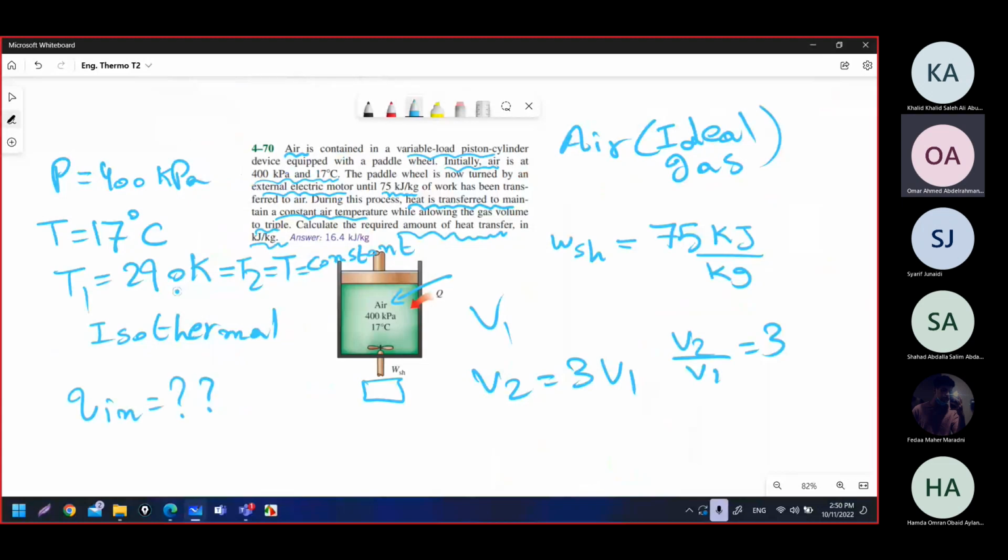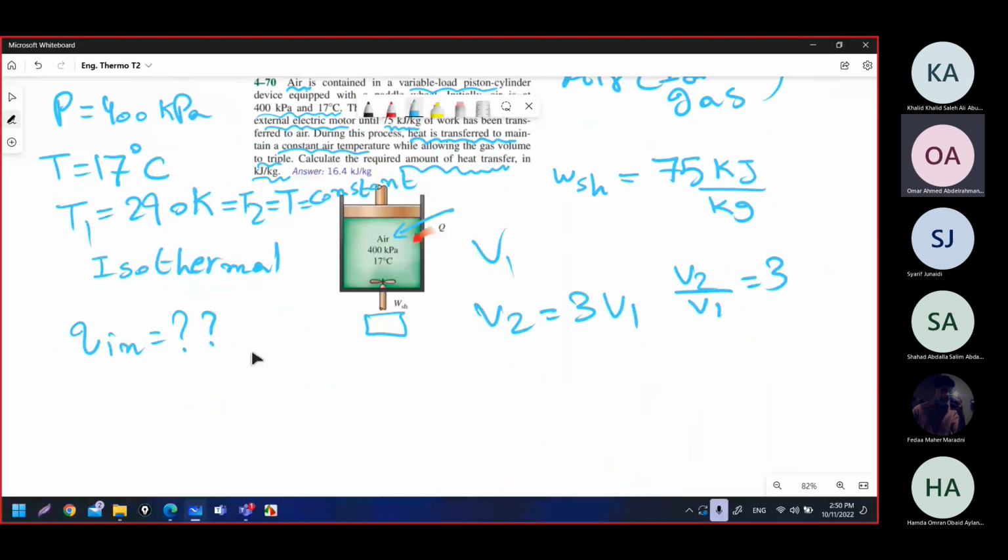So in order to calculate Qn, usually in a closed system like a piston cylinder device or rigid tank, we'll use the energy balance. Now I am dealing with everything specific, per kilogram, so I will use this form of energy balance. It is E in minus E out, small energy, kilojoule per kilogram, is equal to delta E system.